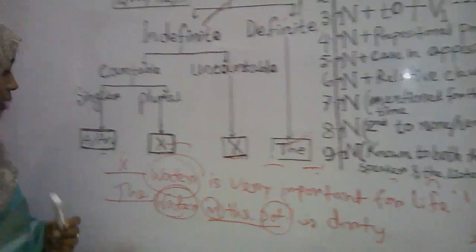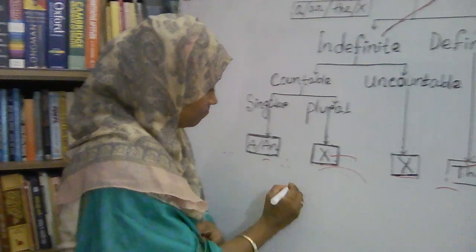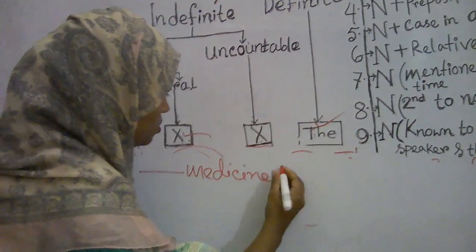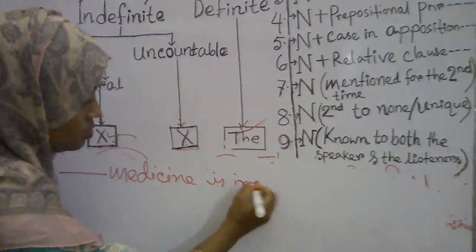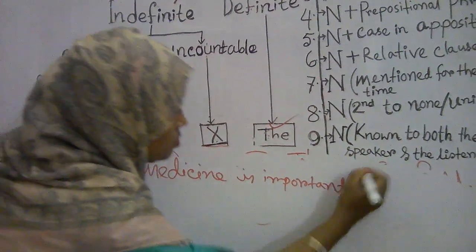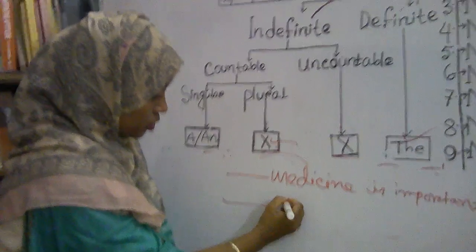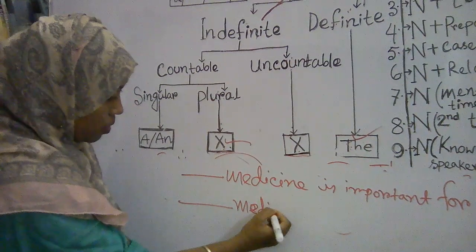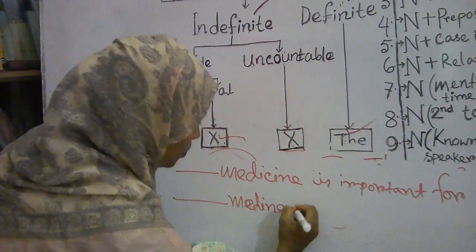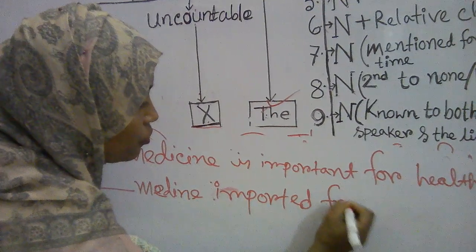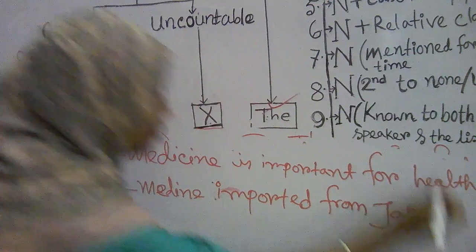Now let's see another example about articles. Dash medicine imported from Japan is costly.